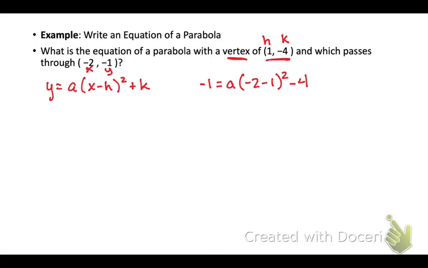And now I'm going to do order of operations. So -2 minus 1 is -3. -3 squared is 9. So -1 equals 9 times A minus 4. Just following the math, right? Because negative 2 minus 1 is negative 3.